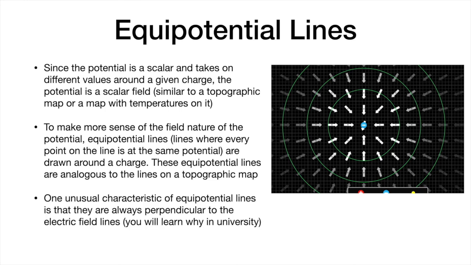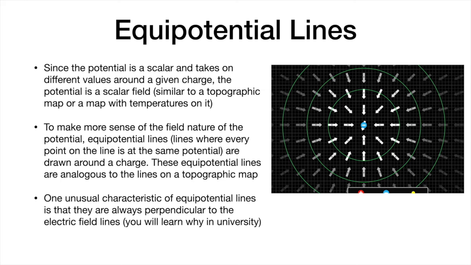I don't know if you can see this, but one characteristic that might seem unusual is that the equipotential lines, these circles in my diagram here, are always perpendicular to the electric field lines. So again, the electric field lines are represented in this case by the vectors, although you actually have to connect the vectors up in some respects.